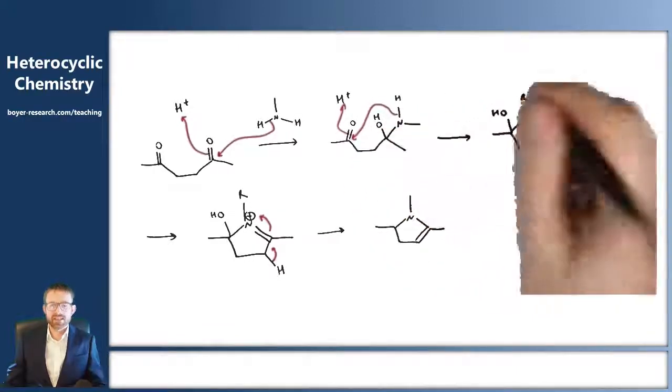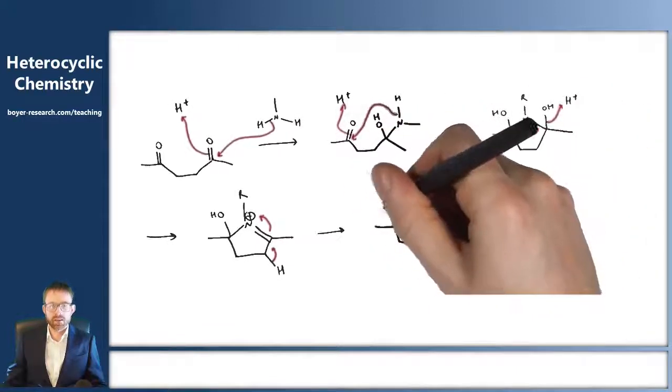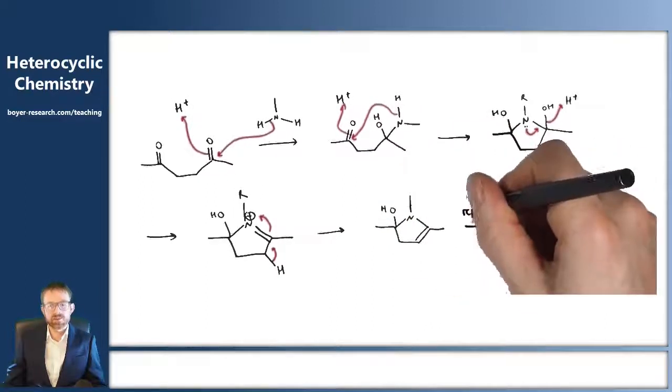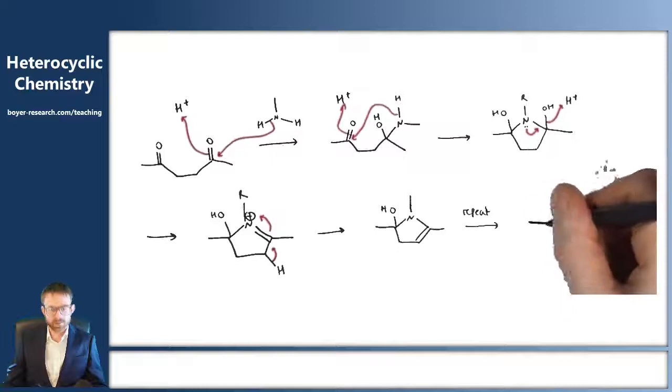We can draw the exact same thing again, and that results in the loss of our second molecule of water and the formation of our aromatic pyrrole.